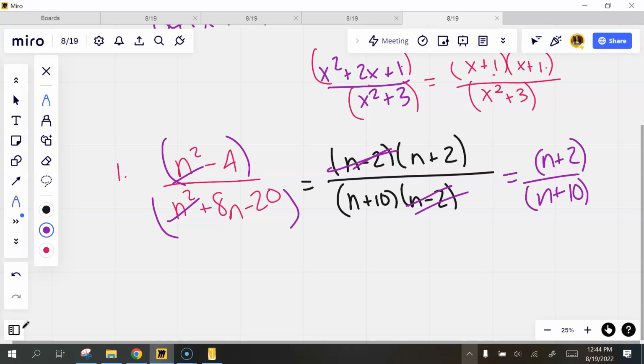No. But now that they're in parentheses, could you do it? The point is you can only cancel things that are being multiplied. You put the parentheses around them, but then what's inside the parentheses has to match top and bottom for it to cancel out. No, that's the final answer. That's simplified, okay?